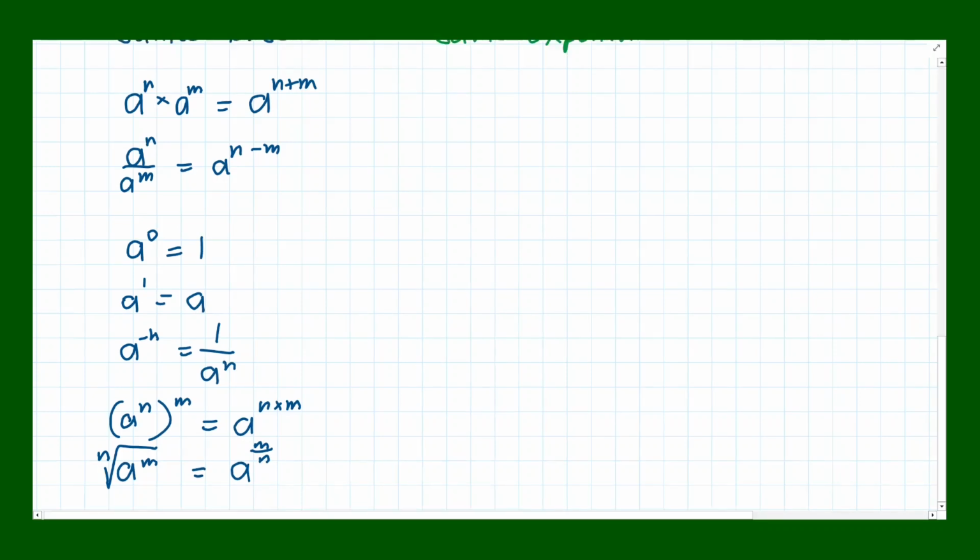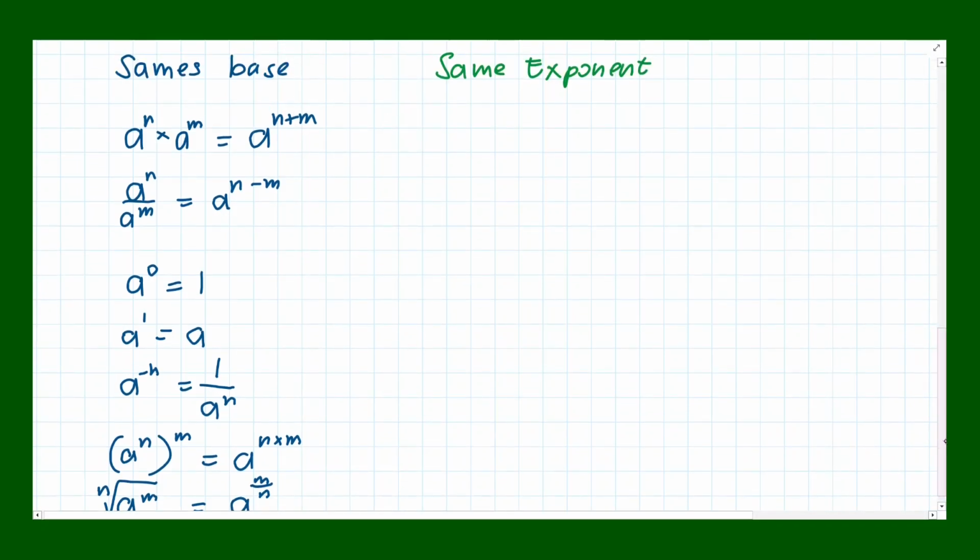Now, what happens when we have the same exponents? We're going to have a few rules in here. What happens if I have 2 different numbers, but I have to raise them to the same power? Well, that is the same as raising them separately to the same power.